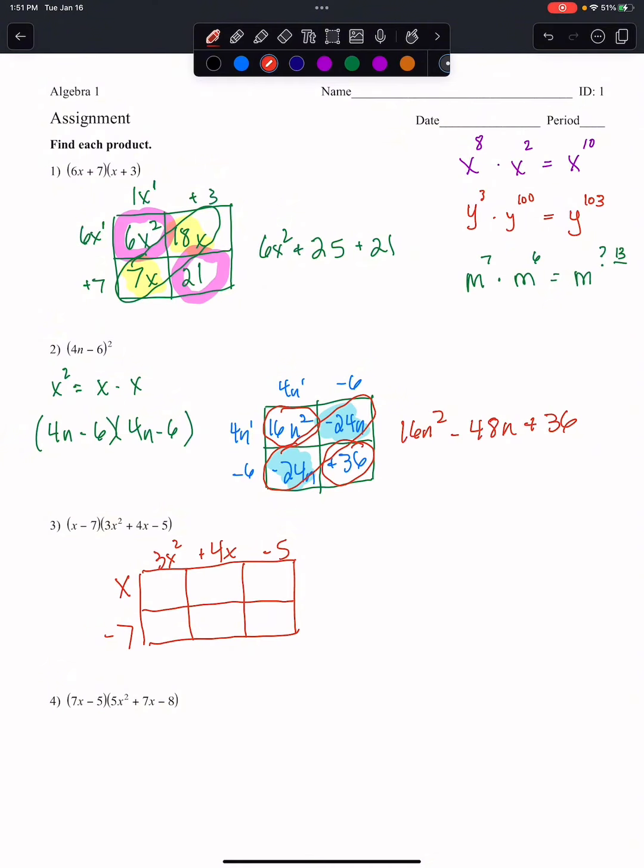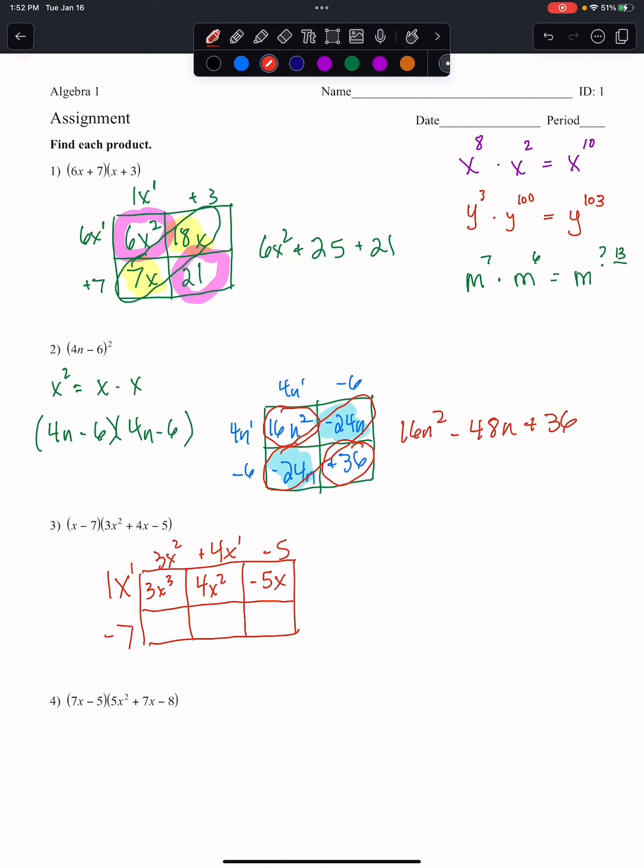And again, this is really a 1 there. So 1 times 3 is 3. But I have x squared times x. Remember, we add those exponents. This becomes x cubed. 1x times 4x is going to be 4x squared, because there's 1 here and 1 over there. And then 1x times negative 5 is negative 5x.